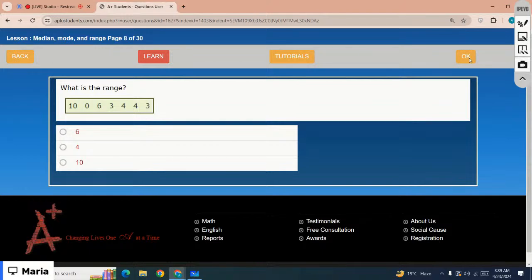What is the range? That is the difference between the least and the greatest value.